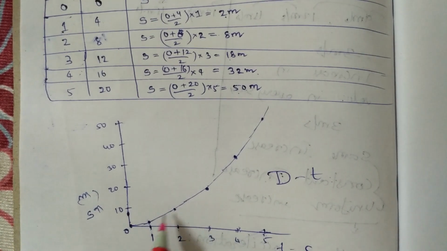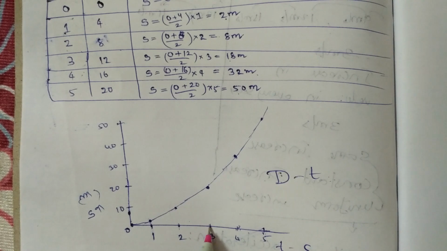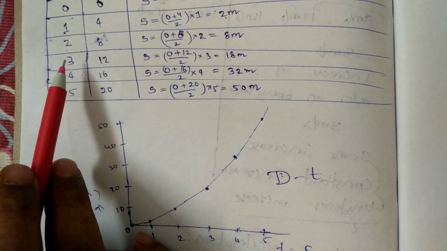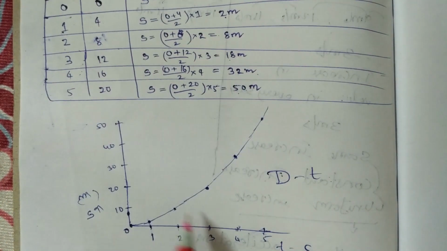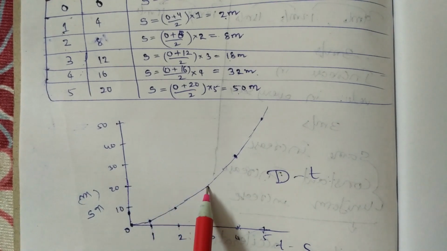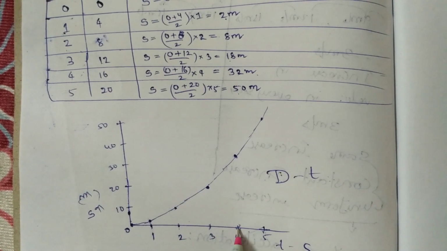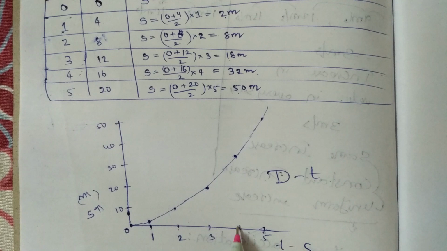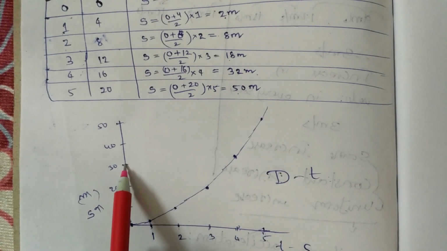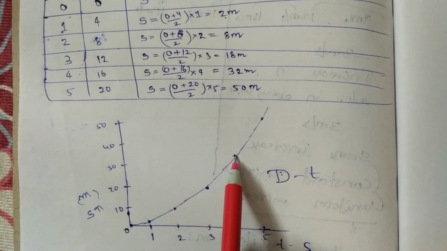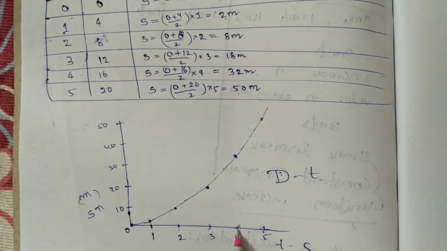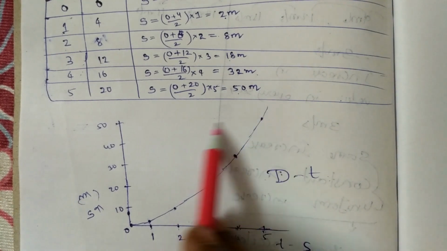So 2 comma 8. At the end of 3 seconds, 18 meters. 3, here is 20, so 18 is somewhere here. 4 comma 32: 4 is here, 30 is here, so 32 is somewhere above. So 4 comma 32, and 5 comma 50.